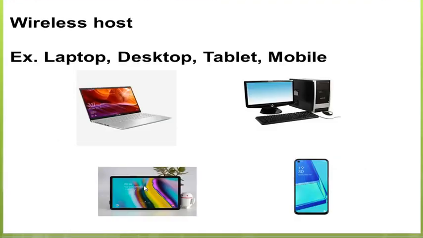So we'll see some elements of the wireless network. The first one is the wireless host. Examples are laptops, smartphones, tablets, and desktops. The wireless hosts run a host of applications. A wireless host may be stationary or mobile.